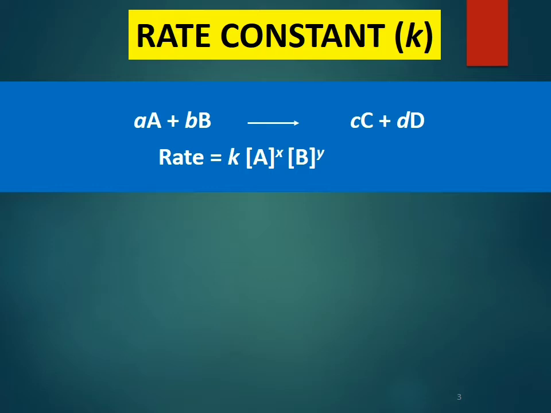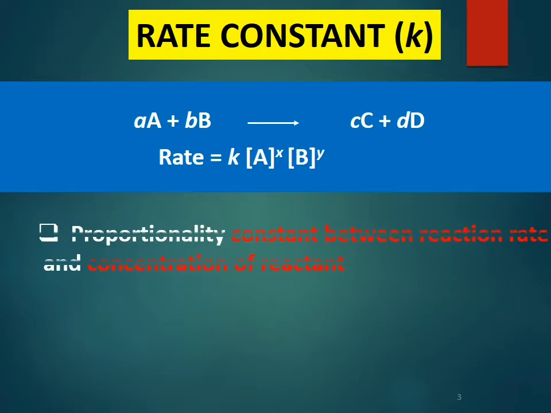What is a rate constant, k? Based on the reactions, we have the rate law, which is rate is equal to k, concentration of reactant A to the power of x, and concentration of reactant B to the power of y. This is our general rate law. We can say the rate constant k is a proportionality constant between reaction rate and the concentration of reactants.